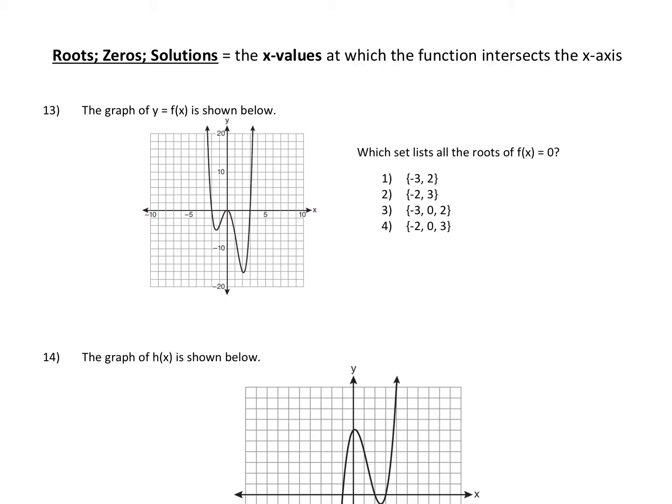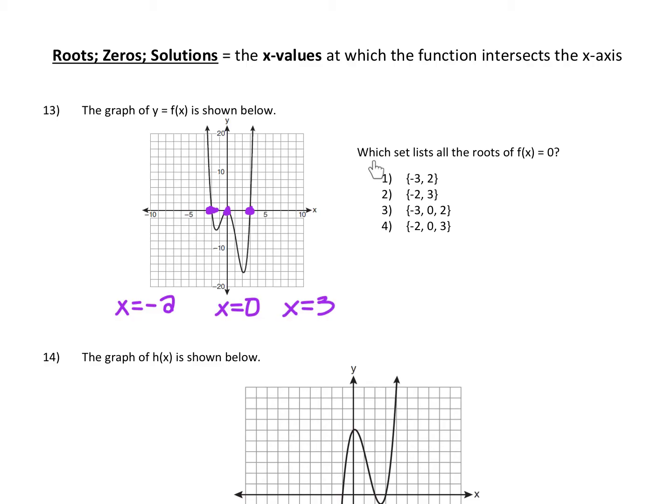We could see that this function intersects the x-axis right here at -2, right here at 0, and right here at 3. So these are the 3 x values at which our graph intersects the x-axis. These right here, -2, 0, and 3, are called our roots, our zeros, as well as our solutions.